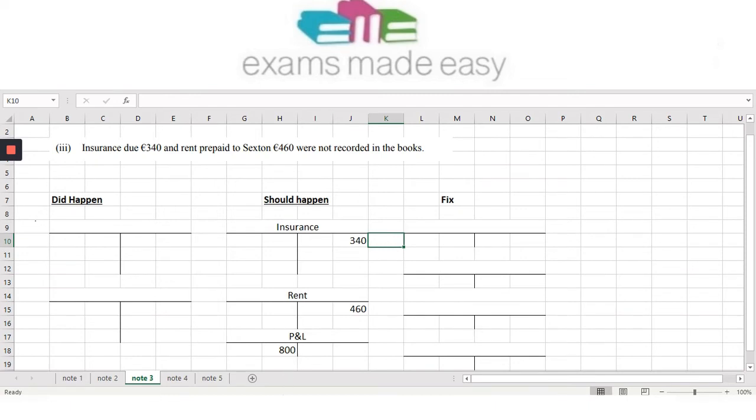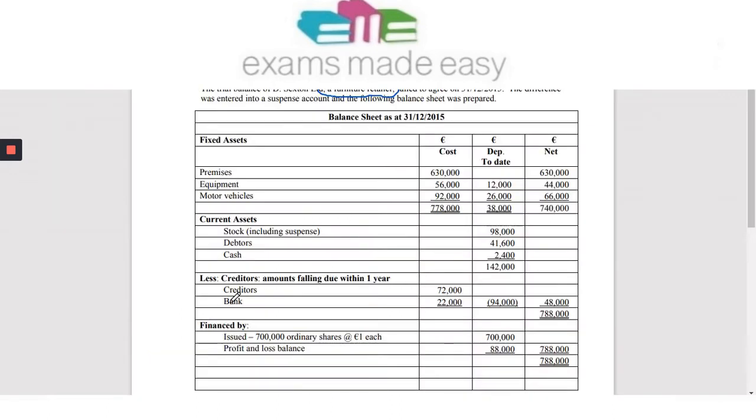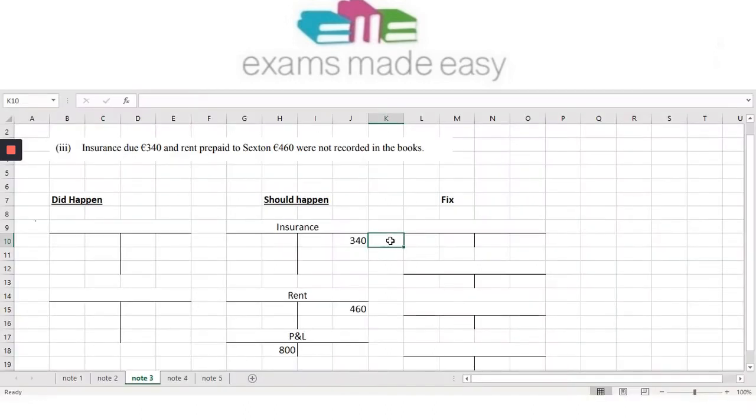If you look back at the question, you won't see these anywhere. You won't see them in the balance sheet. So we need to add new accounts. You can see it here on the answer scheme. You have insurance company here, and you have creditor rent. So 340 current liability, rent current liability.